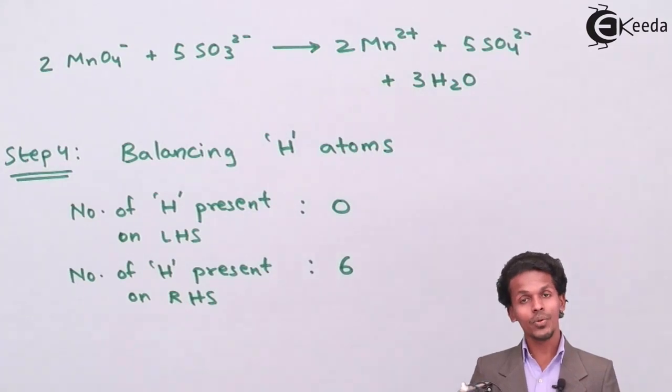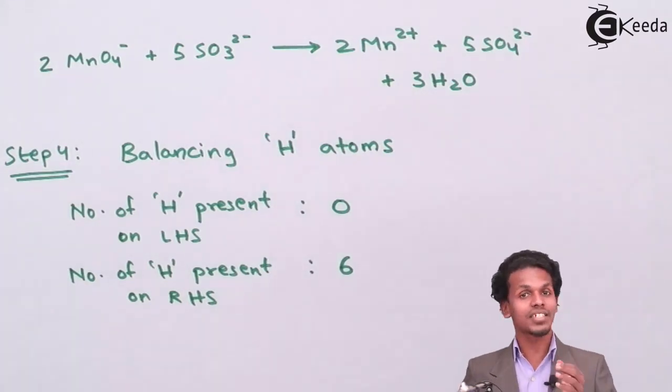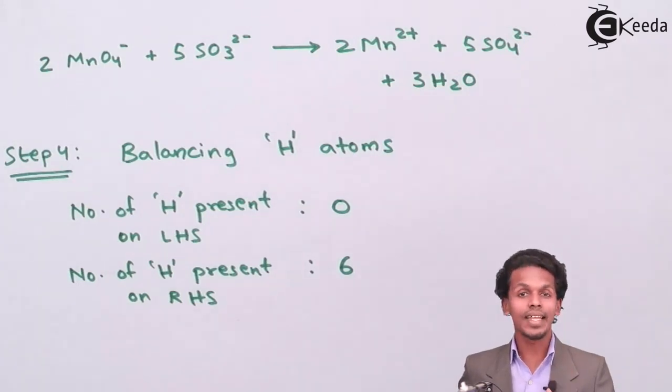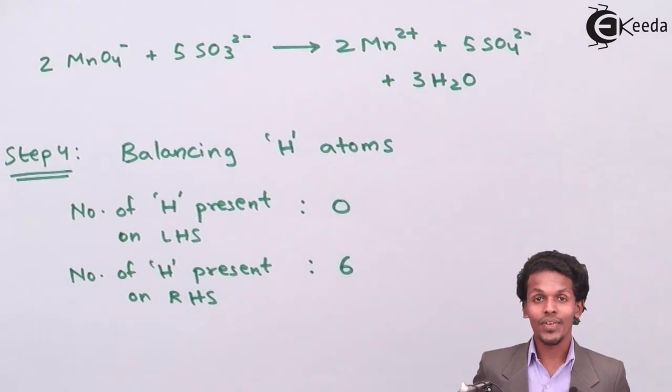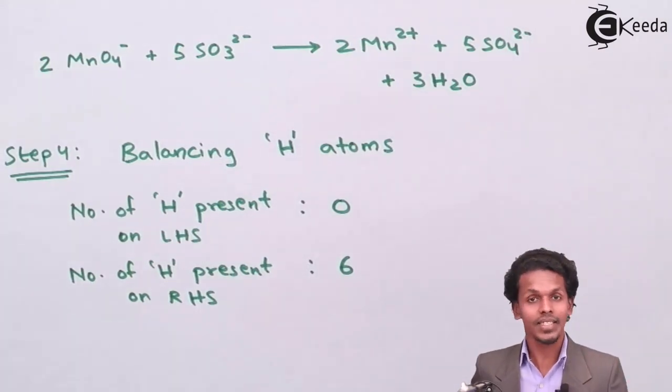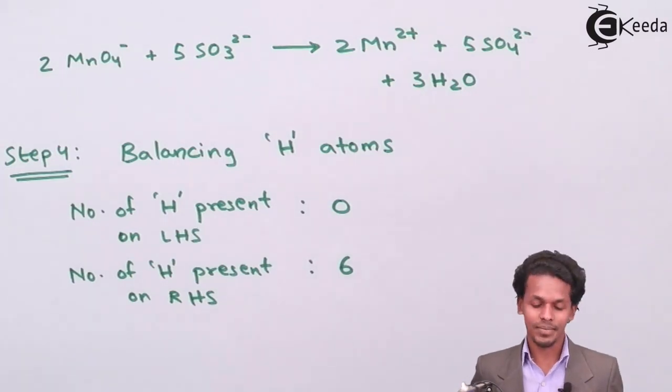So therefore what we are going to do now, because we are working in an acidic medium, and acidic medium means we represent it with H plus, we are going to add 6 times H plus on the left hand side. So let us see what we'll get.